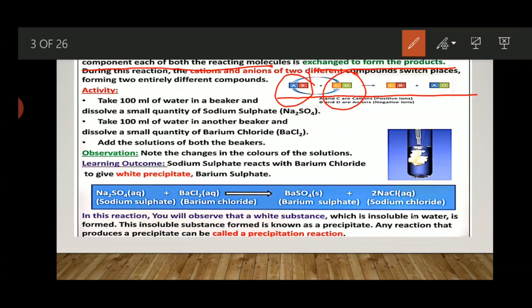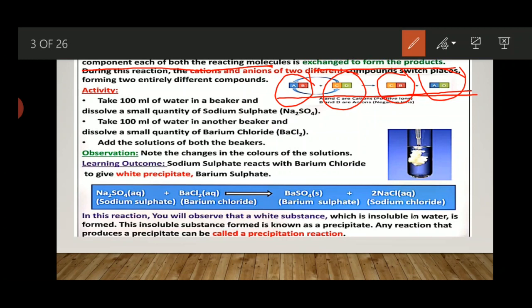A will take the place of C and C will take the place of A. After the reaction, C gets attached with B and forms CB as a product, and A gets attached with D and forms the product AD. So this is how double displacement reaction works.